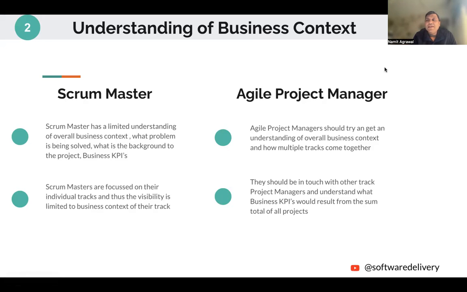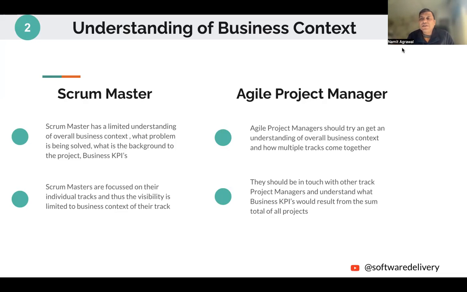On the other hand, an Agile project manager would try and get an understanding of the overall business context and how multiple project tracks come together to address the business KPIs for the customer. Agile project managers also collaborate strongly with the other project managers on other tracks and try to get a holistic understanding of what the project is all about and what business KPIs as a whole will be delivered to deliver additional value to the customer.